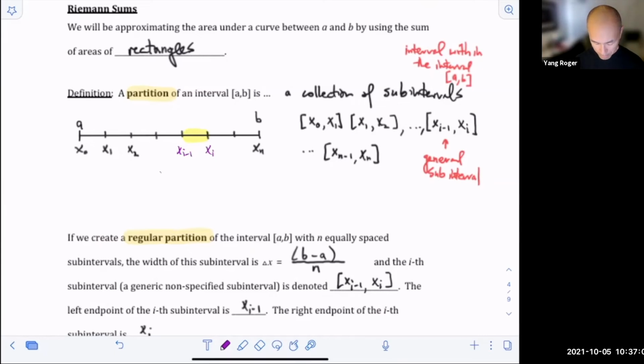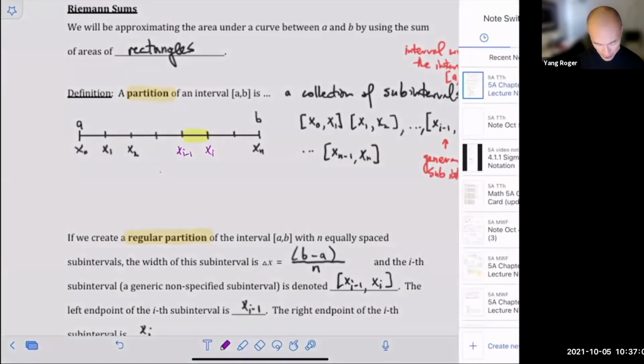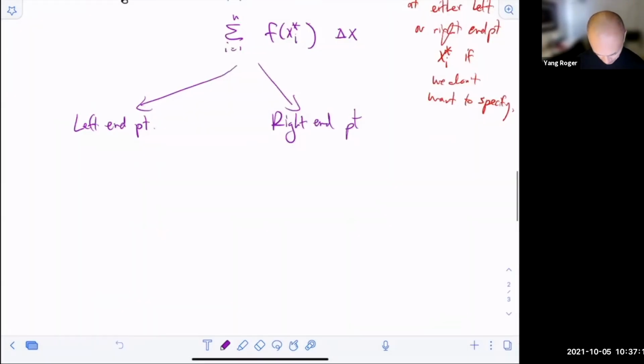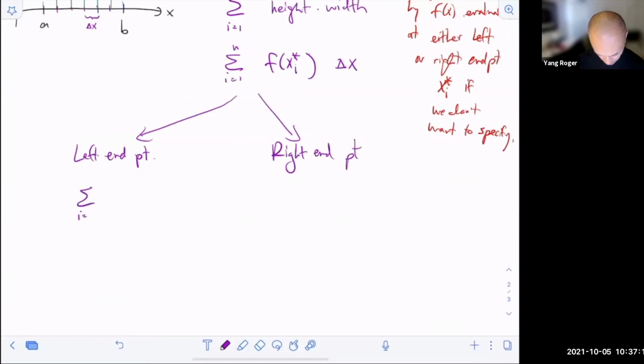So when I use the left endpoint, we plug in x sub i minus 1. And we call this L sub n. L because we're using the left endpoint, and n because we're doing n rectangles.